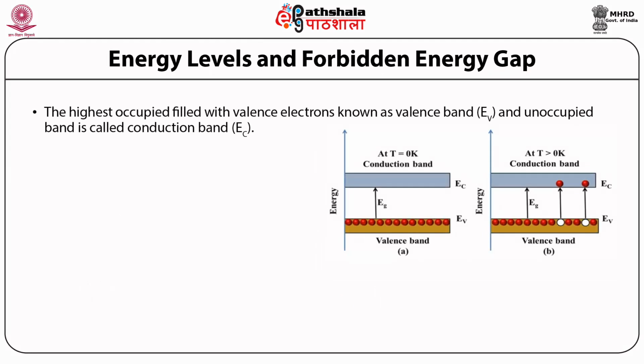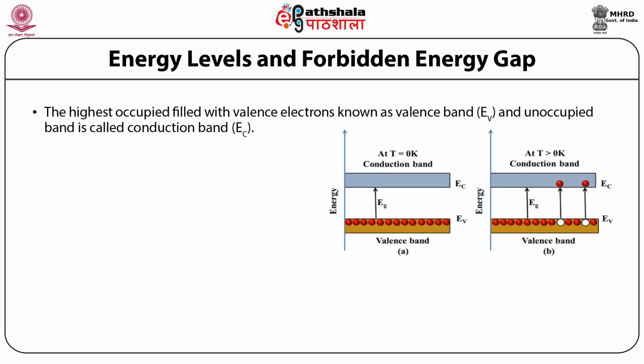The highest occupied band, filled with the valence electrons, is known as the valence band, and the unoccupied band is called the conduction band. The valence band is represented by EV and the conduction band by EC as shown in the figure.